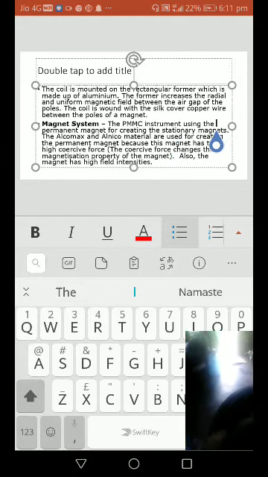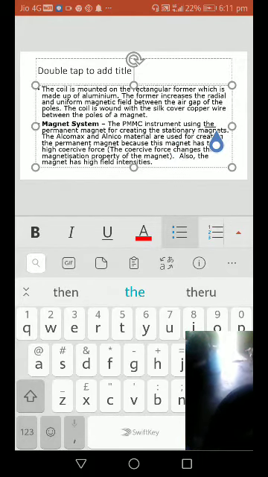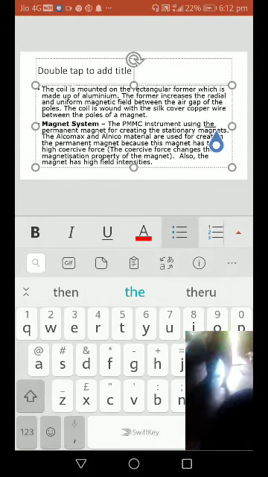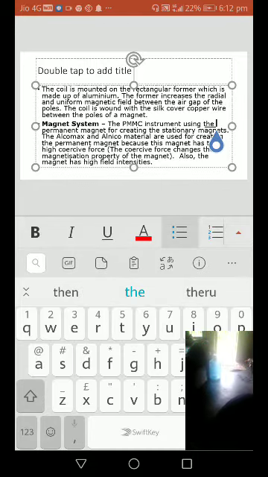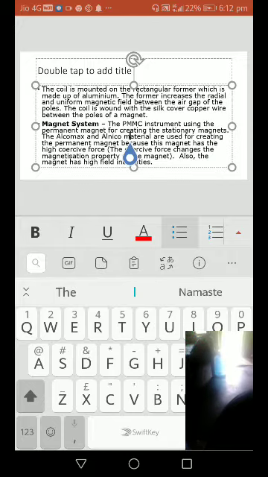Stationary means stable magnets, and these are manufactured from Alcomax and Alnico materials, which are used for creating the permanent magnet.